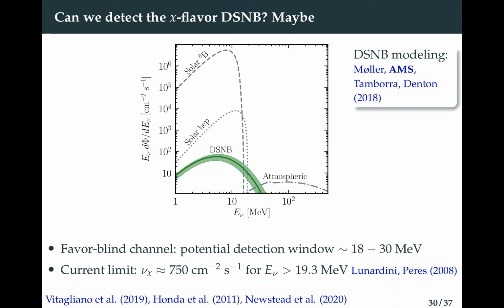So why are those limits so bad? This is because we cannot really do charged current for the DSNB neutrinos because they have too low energies. So this limit is from scattering on electrons in Super-K. And there are other backgrounds there, so that's why the limit is bad.